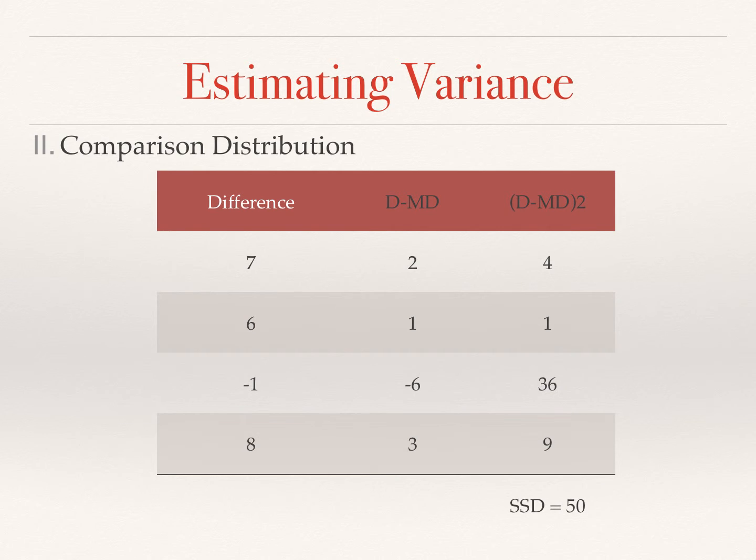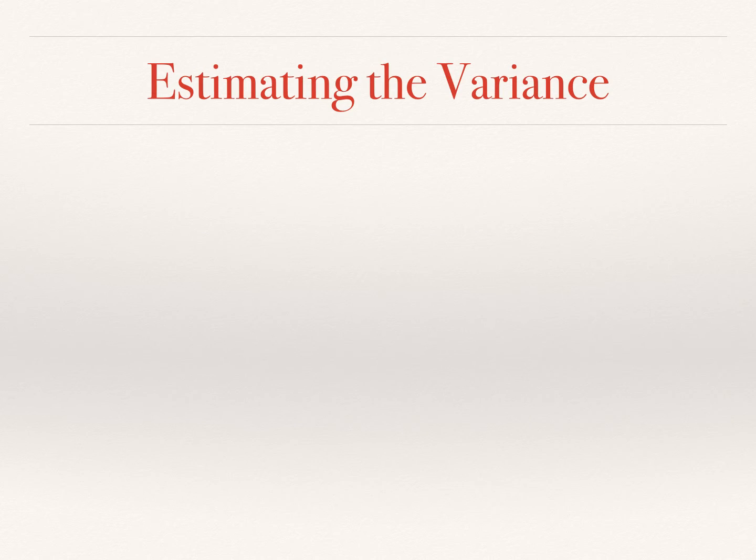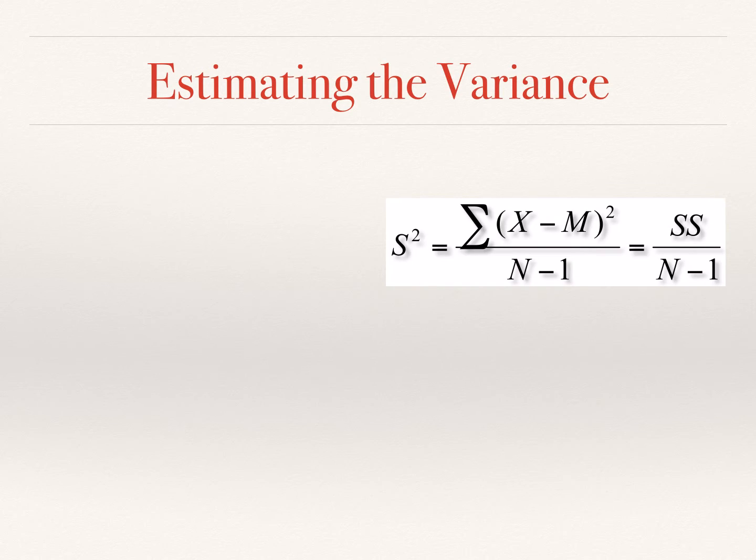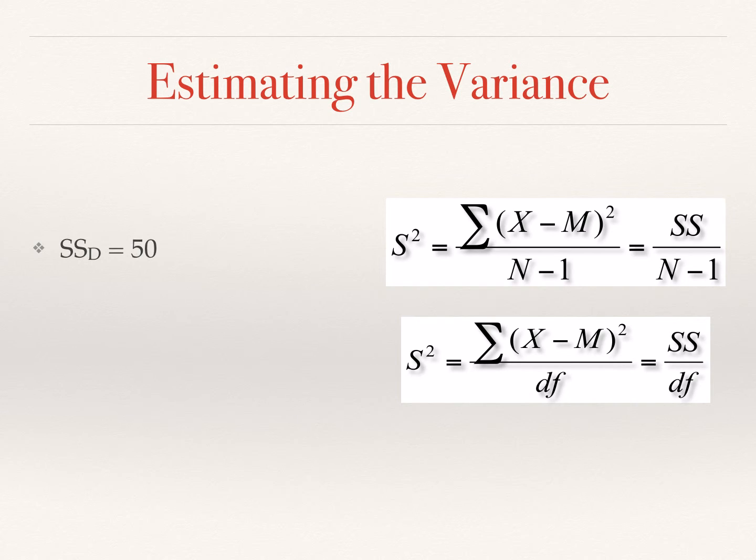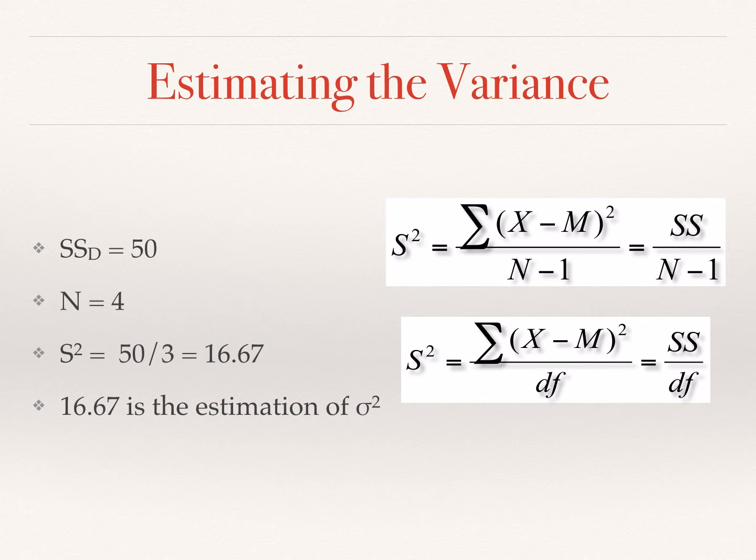And so again, we have our sum of squares for the difference scores, which is 50. We'll take that into our equation and estimate the variance based on that. So 50 with a degrees of freedom of 3. 50 divided by 3 is 16.67. 16.67 is the estimation of variance for our population.